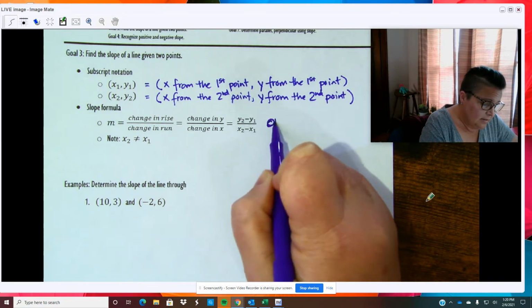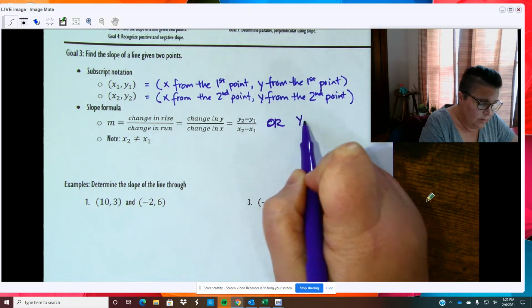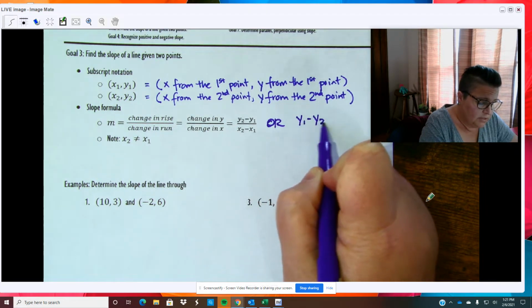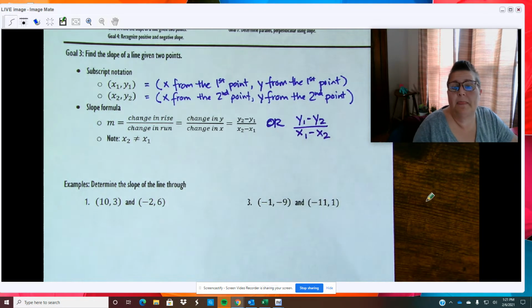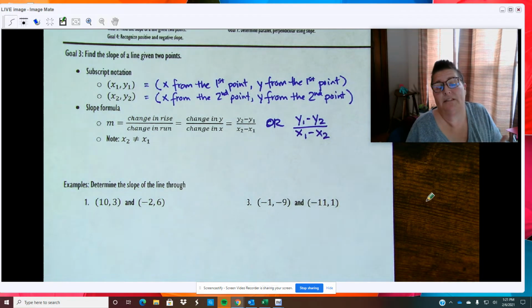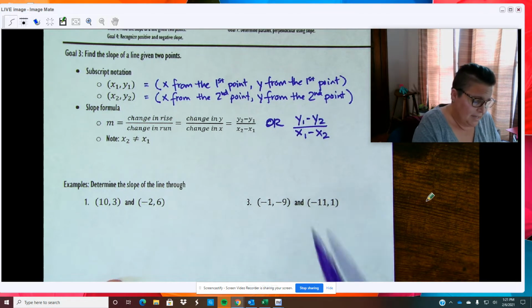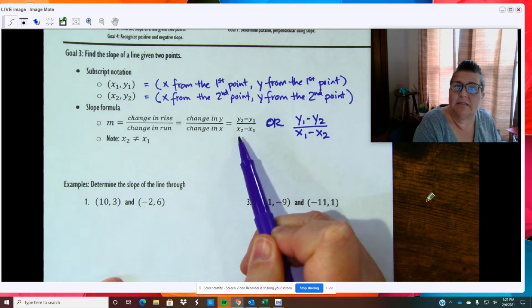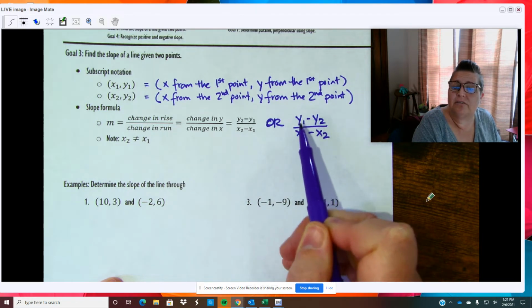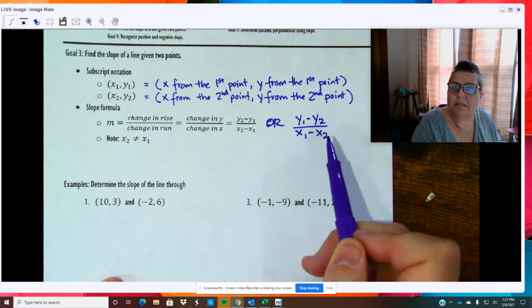This is fine, but you can also write it as y1 minus y2 over x1 minus x2. The order, which point is first, which point is second, does not matter really, except you can't switch it up. You can't take y from the first point and then take x from the second. The first point stays first, and the second point stays second.